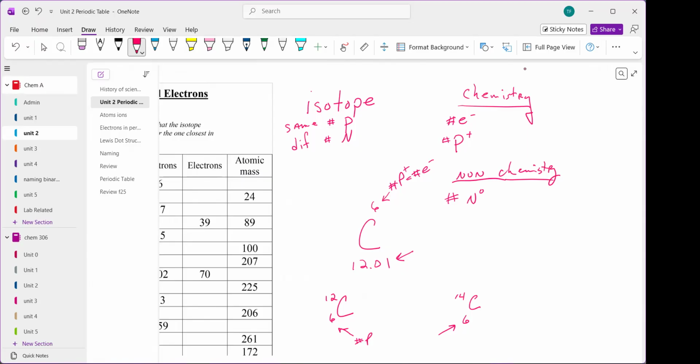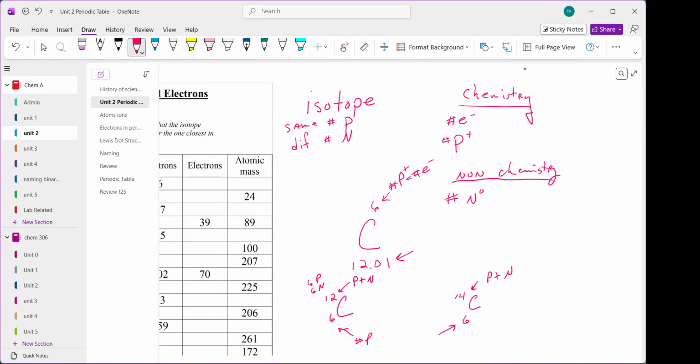Okay. So the difference between carbon-12 and carbon-14 is this top number. That's the sum of the protons and neutrons. So carbon-12 has 6 protons because it's carbon. So how many neutrons does it have? Carbon-12. 6 plus what is 12? 6. That means it's got 6 protons, 6 neutrons.